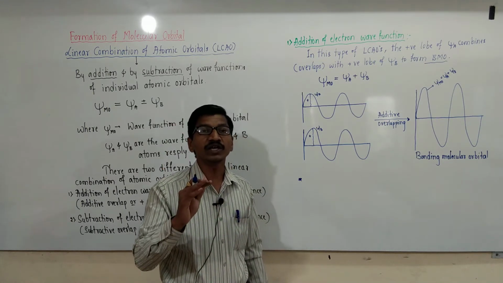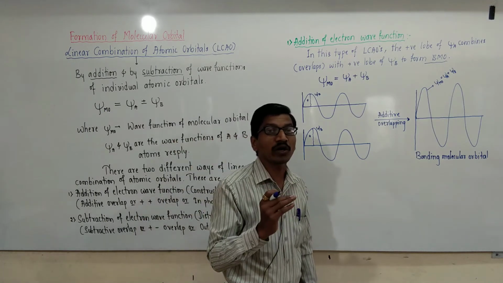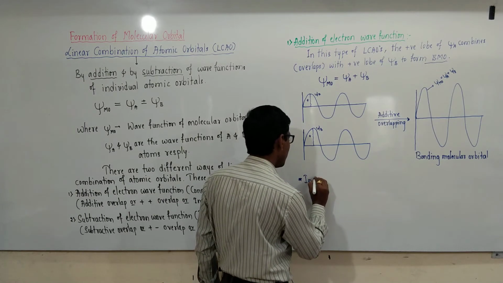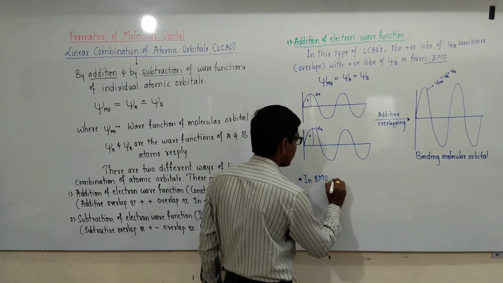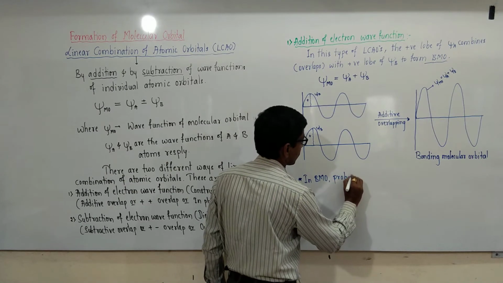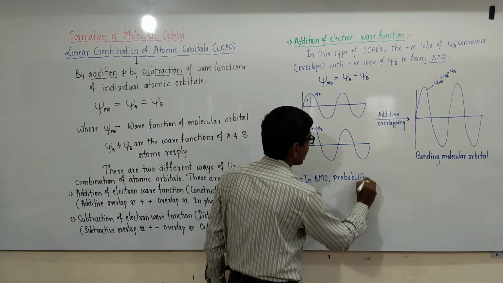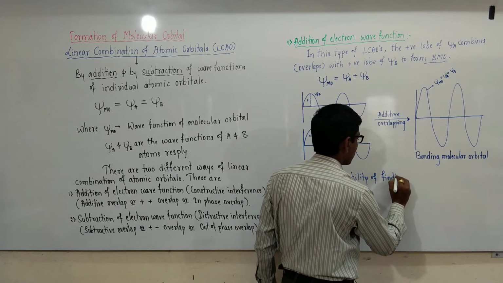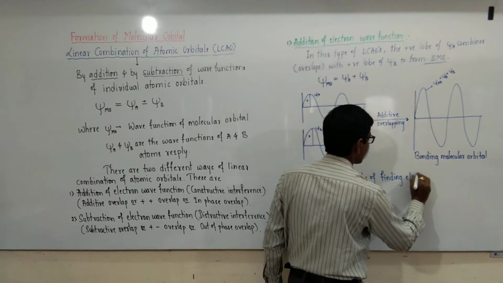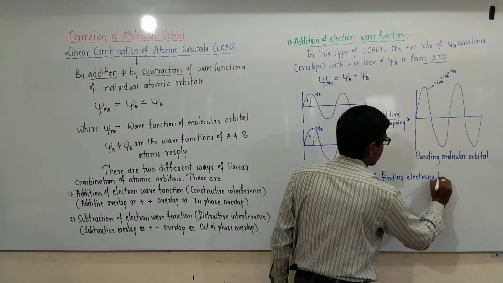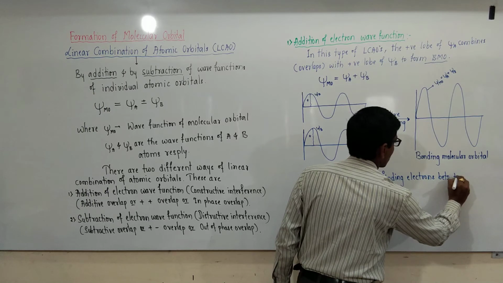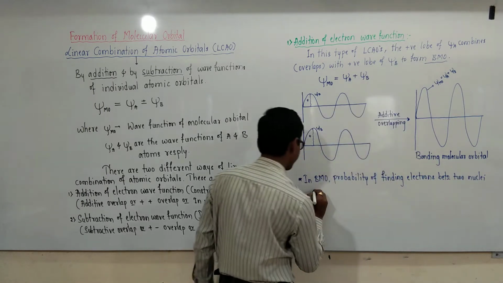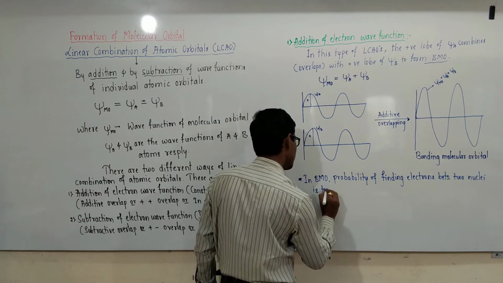The electron density, or the probability of finding an electron, is too high between two nuclei.